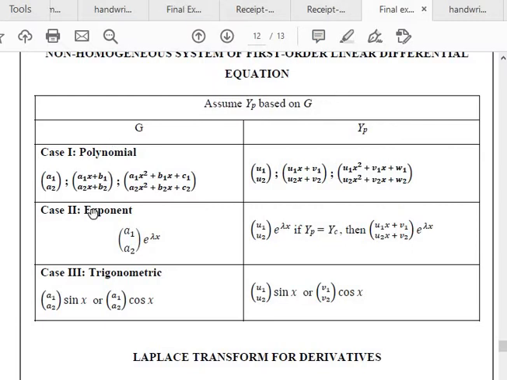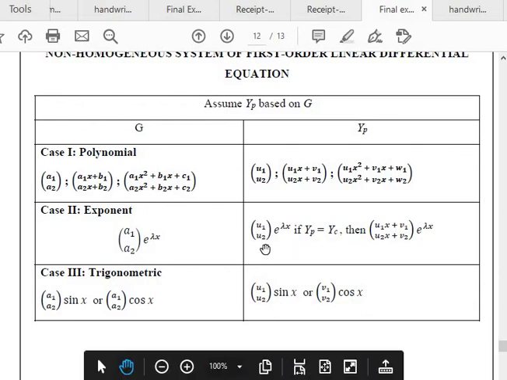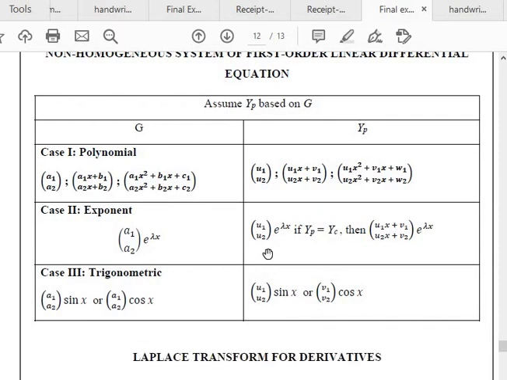Case exponent, if you look here, y_p is equal to u1, u2, or you will name it mu1, mu2, exponent negative 2x. The lambda is negative 2, because we have lambda is negative 2.